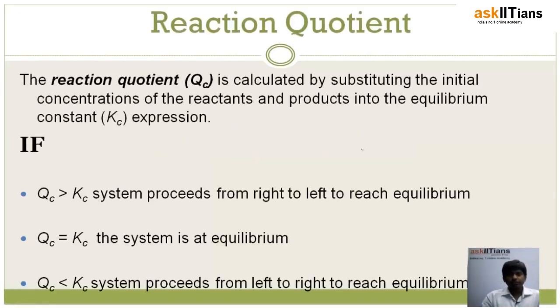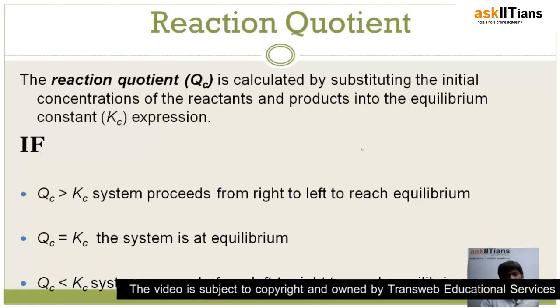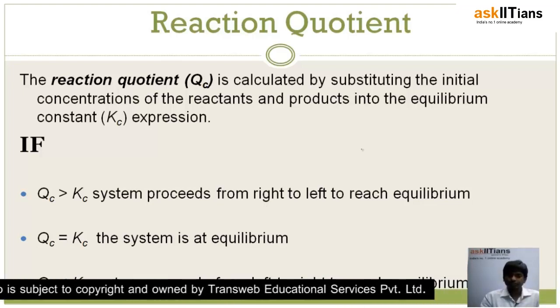So reaction quotient is nothing but substitution of the initial concentration of the reactant and product instead of the equilibrium concentration of reactant and product while calculating the equilibrium constant.